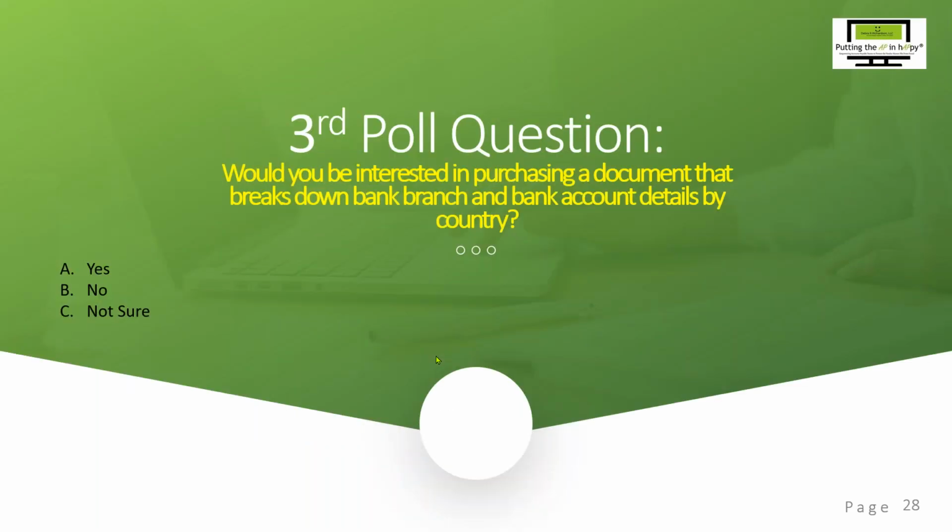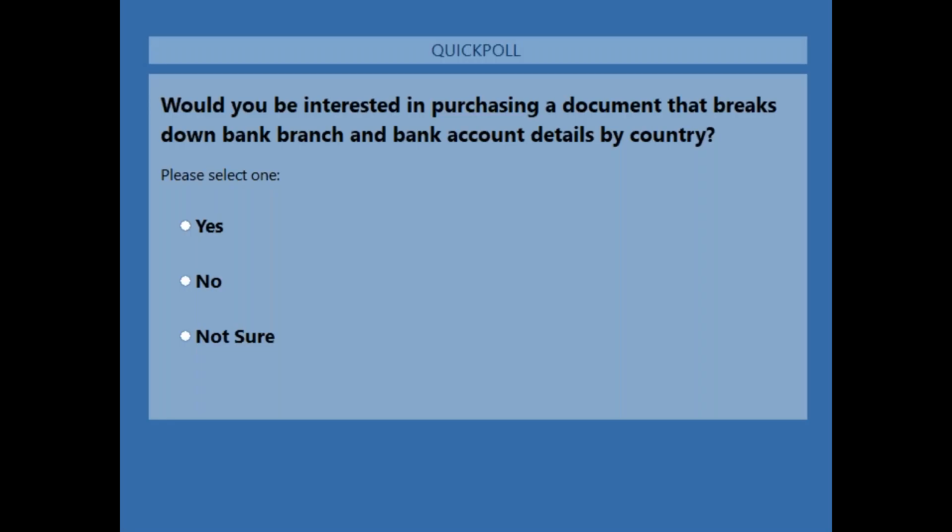Okay. All right, so last polling question I am going to launch. One of the things that I found, especially when I was a practitioner, is that getting the bank branch and bank account details by country, you know, whether they require an IBAN, what that IBAN format looks like, getting that information broken down by country was something that I would have my internal folks assign someone to do.